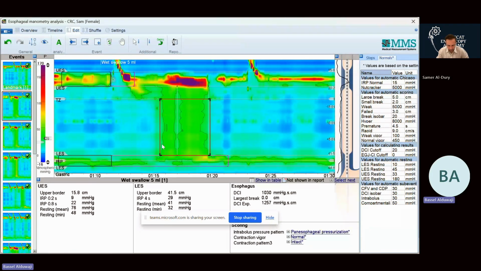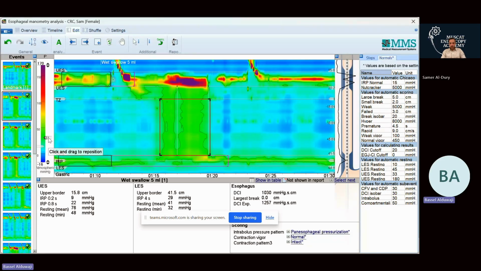Absolutely. Here we can see the esophageal pressurization. What it means is that you can see pressurization from the top to the bottom. We also have to be careful when we see pressurization in diagnosing achalasia that the isobaric value should be 30.